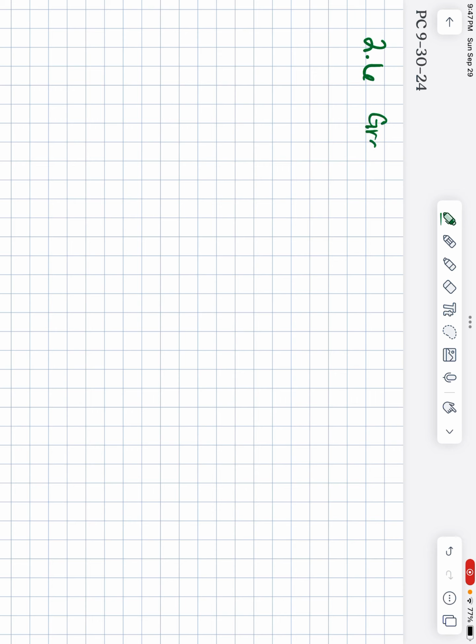So the second part of chapter 2 is rational functions. Rational functions, if you don't remember, we did some last year, are basically just functions that are fractions. The denominator has got an x.